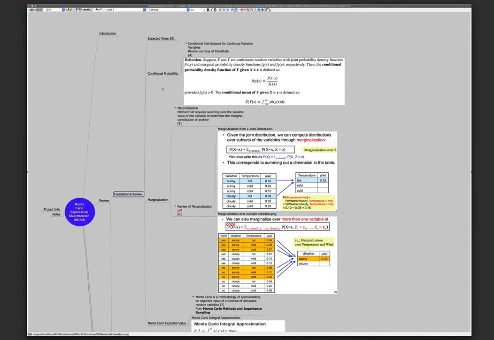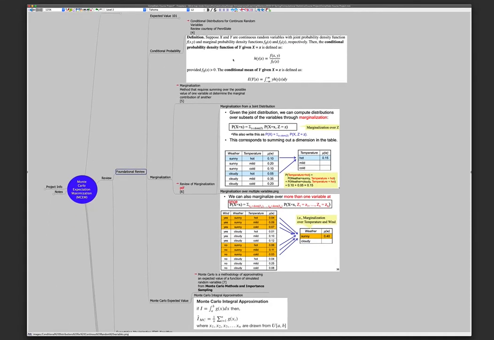And we've got conditional probability, talking about how we take the intersection of those, and then to find the conditioning, we do some division, as expressed here.